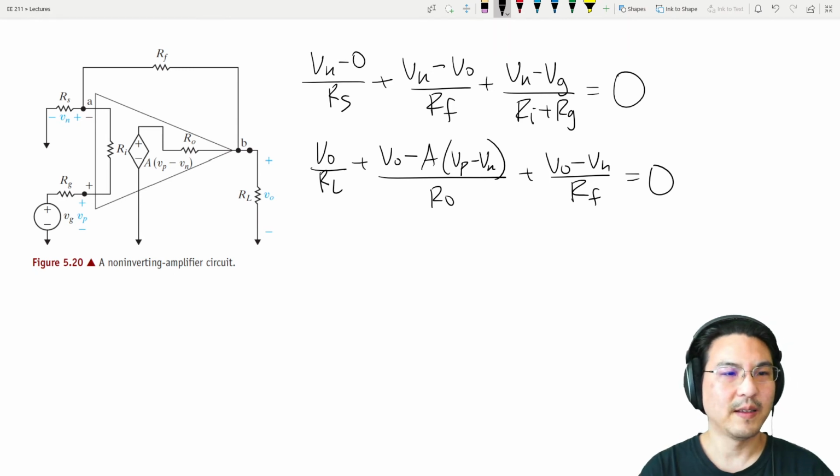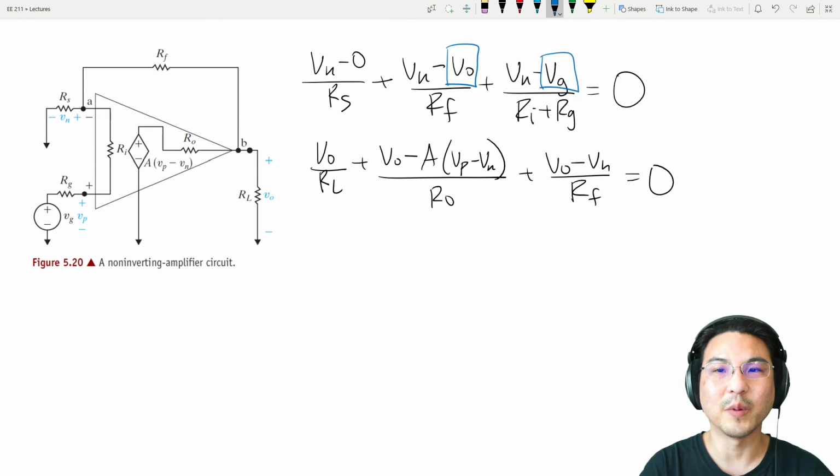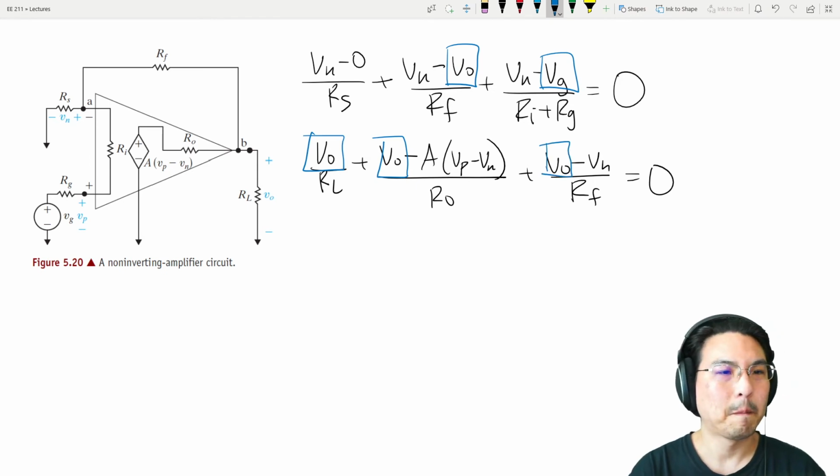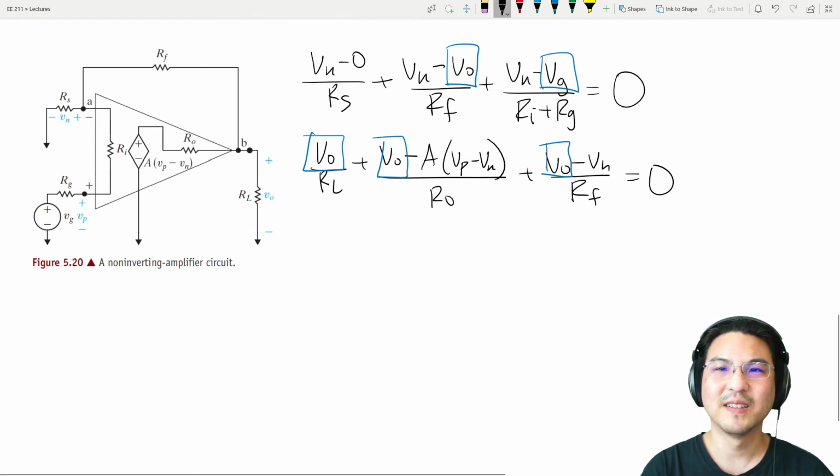Okay, and then we want the output as a function of the input. But then we also have Vn and Vp. We have too many unknowns.